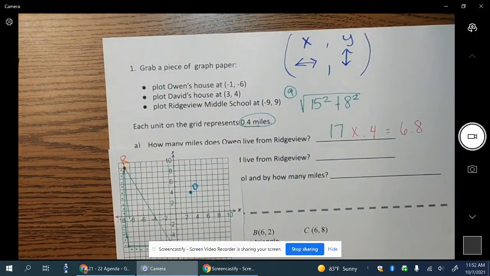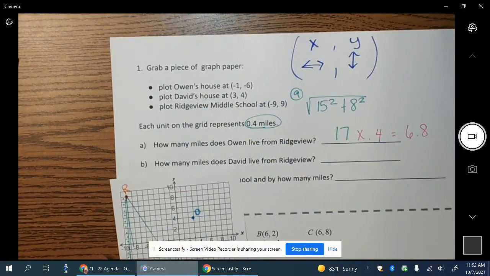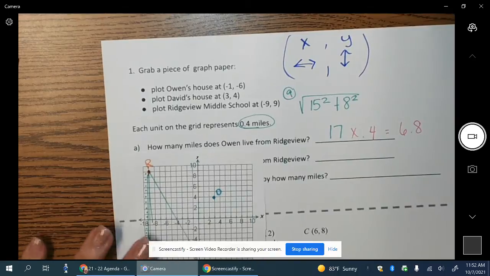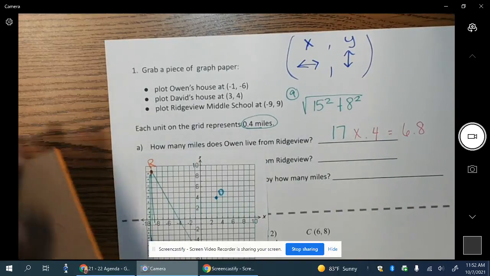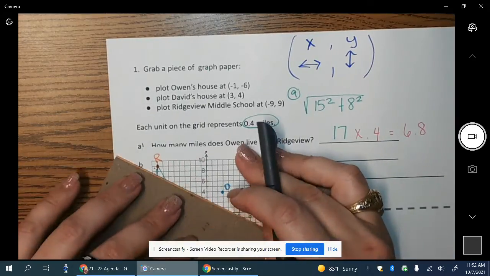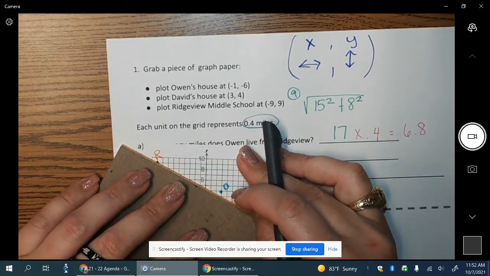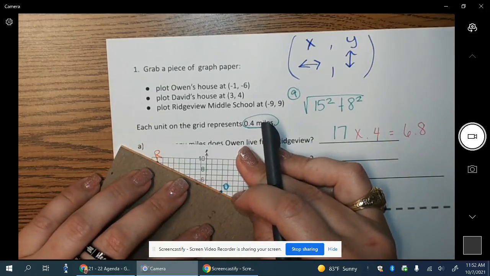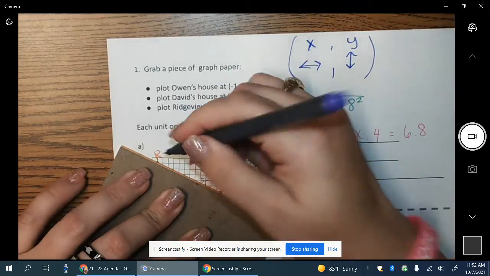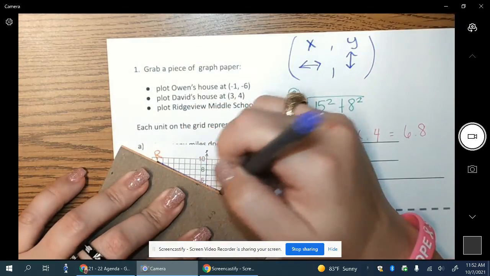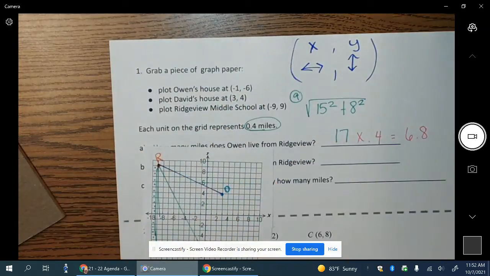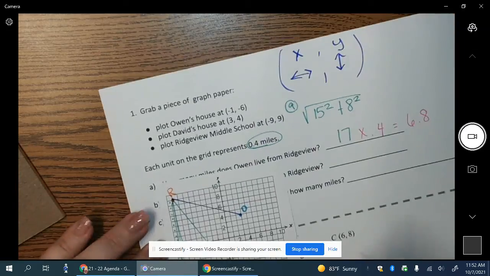All right, now we want to know how many miles does David live from Ridgeview. So we want to draw another triangle. And now we're doing David to Ridgeview. We want to make a triangle connecting those points.